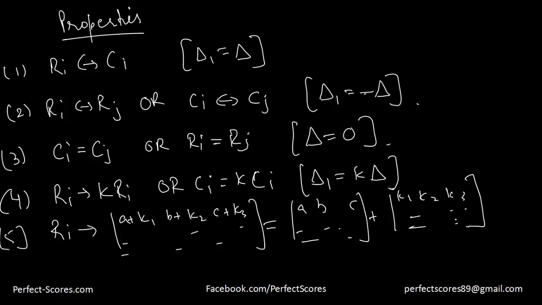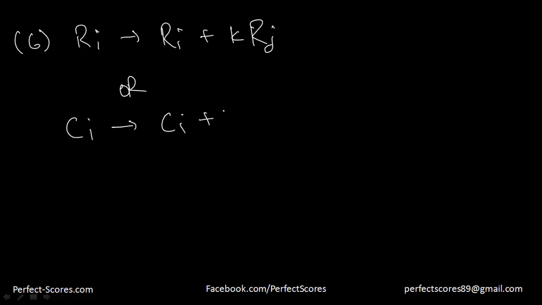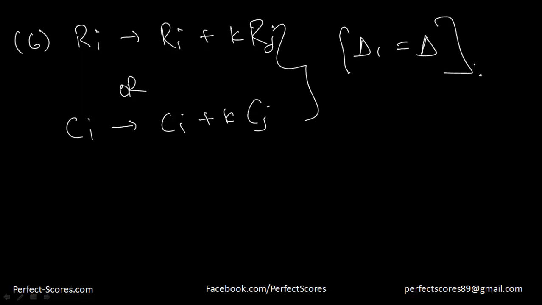And the last property was that if I perform the operation R_i becomes R_i plus k times R_j, or C_i becomes C_i plus k times C_j, the value of the determinant does not change at all.